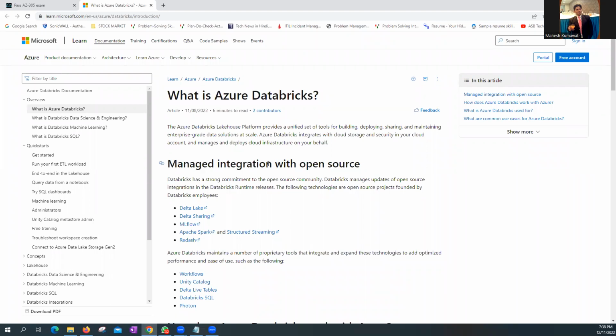Okay, so Databricks integrates with the cloud storage and security in your cloud account, and manages and deploys cloud infrastructure for you. This is the beauty of the cloud. Databricks adds to your cloud storage and provides some security enhancement on your cloud accounts, I would say.